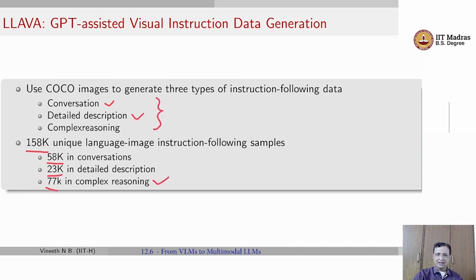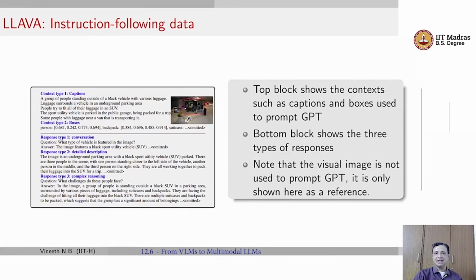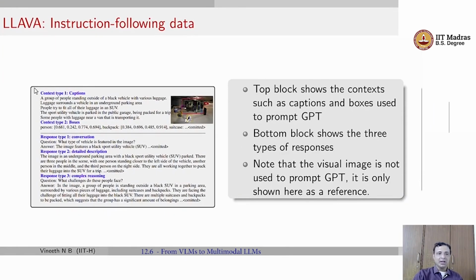What do these three categories mean? Let's see an example. So here is the Conceptual Captions dataset, where given an image, you have a few different captions for the image itself. Just to give you an example, given this image here, you have one caption being a group of people standing outside of a black vehicle with various luggage.